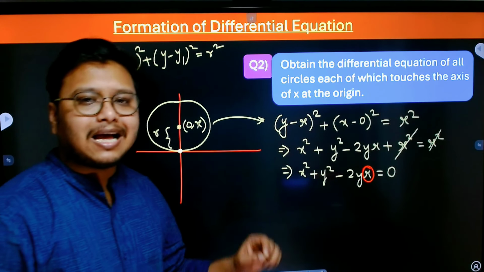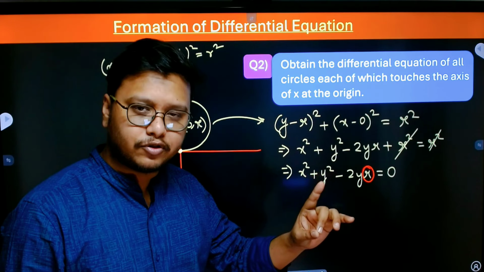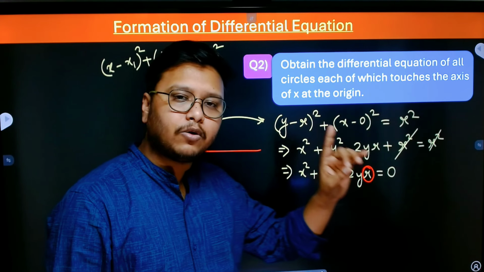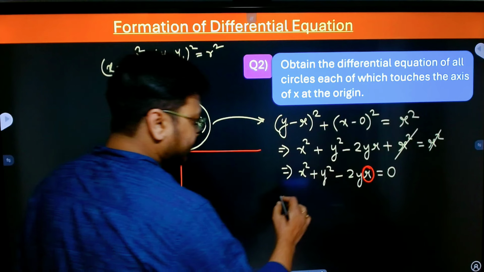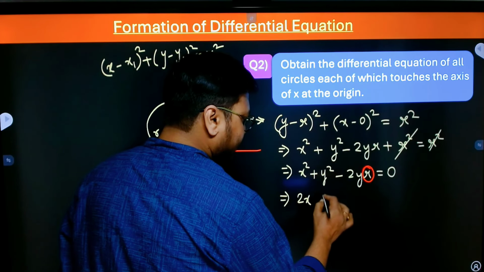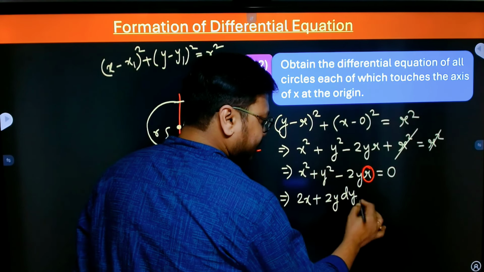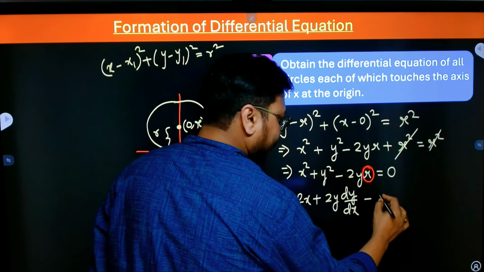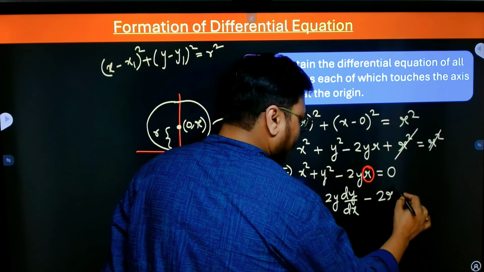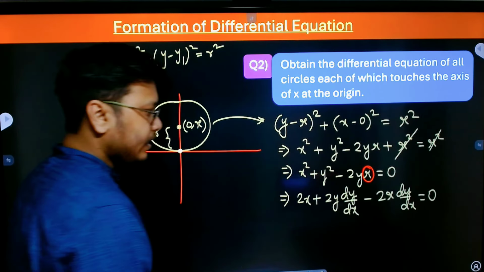So I can say beforehand that my differential equation is going to be a first order differential equation, because I just have to eliminate one constant. Alright, so let's differentiate both sides with respect to x. I would get 2x plus, differentiating y square with respect to x, 2y dy/dx, minus 2r dy/dx equals 0, right?